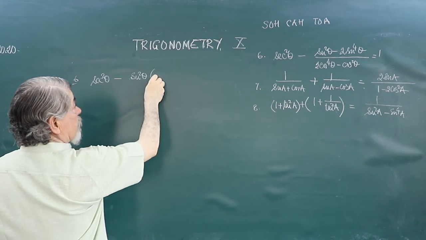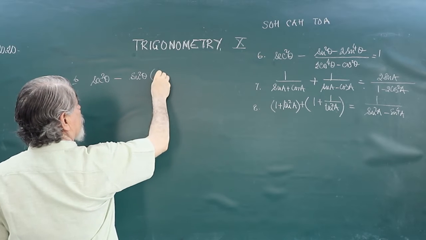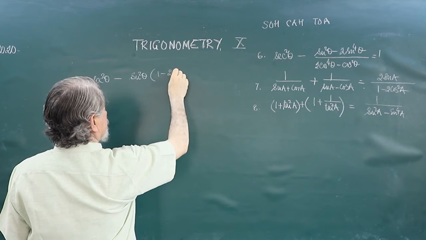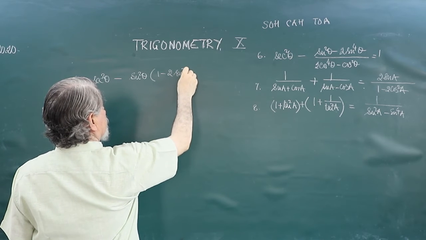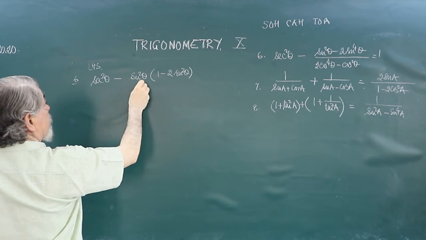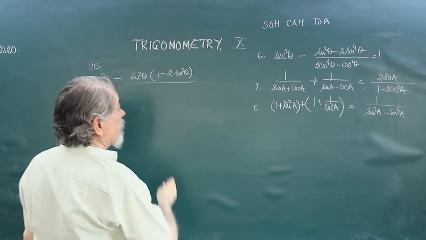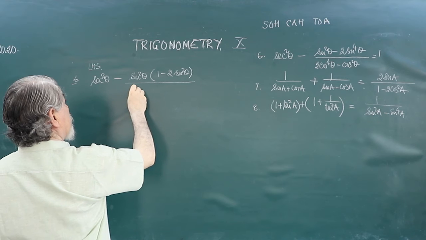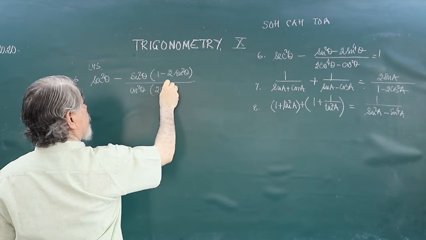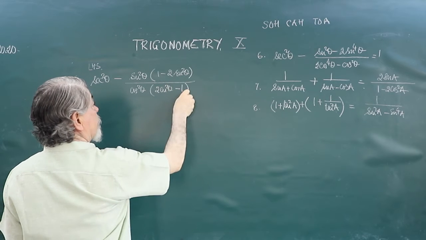If I take sin square theta, it will be left 1 minus 2 sin square theta inside. Upon, in this I will take cos square theta common, so 2 cos square theta minus 1.